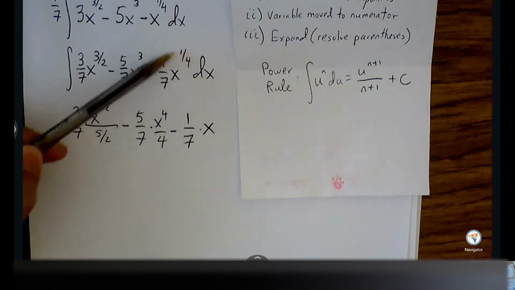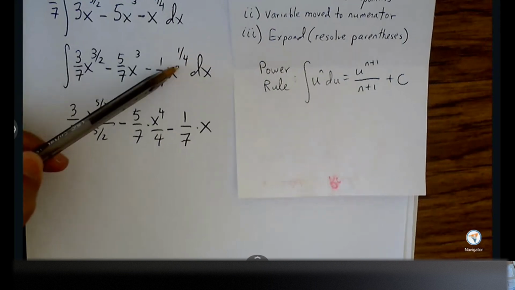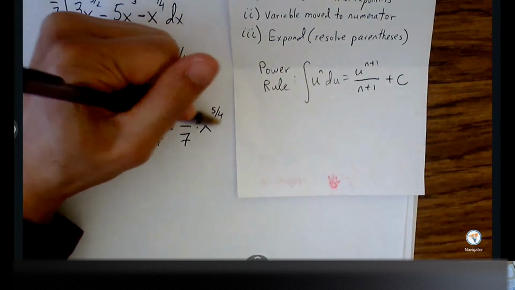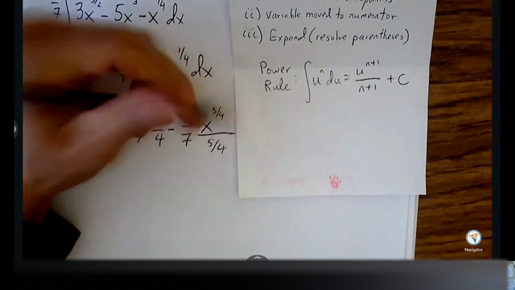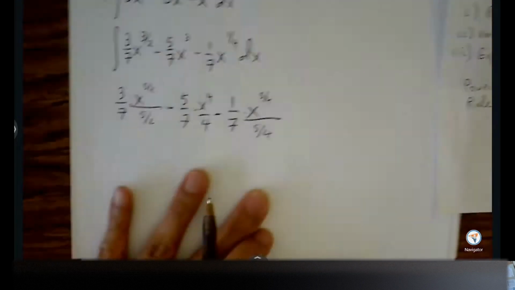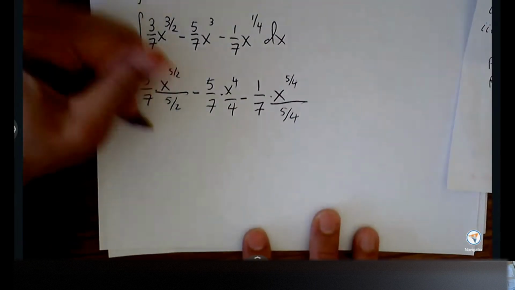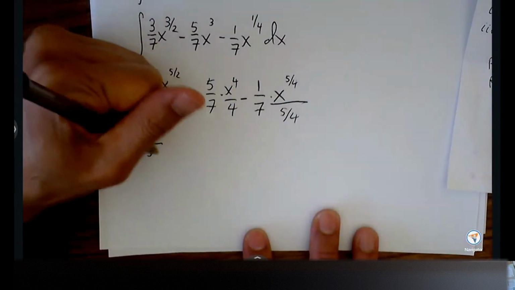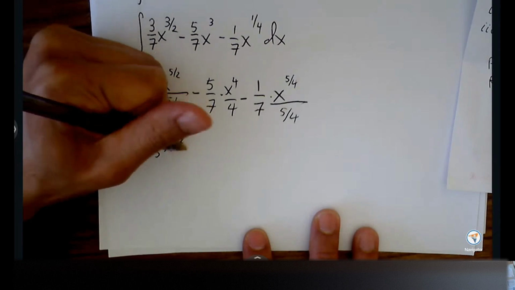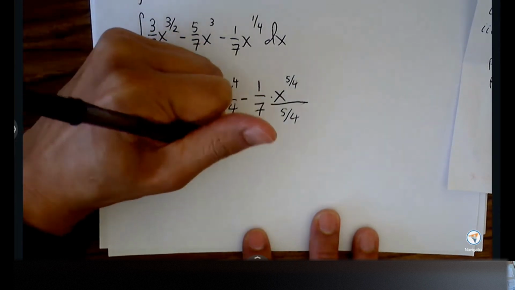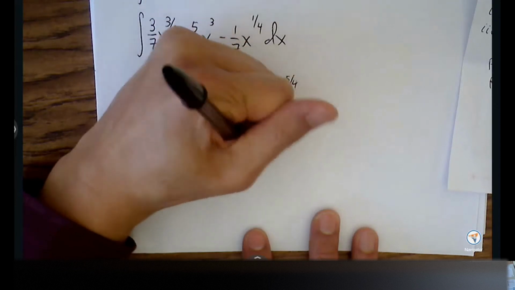What do we add to this? 1. To 5/2. Okay. We can flip all these fractions up, right? 3/7 times 2/5, so I get 6/35, 5/28, and then 4/35.